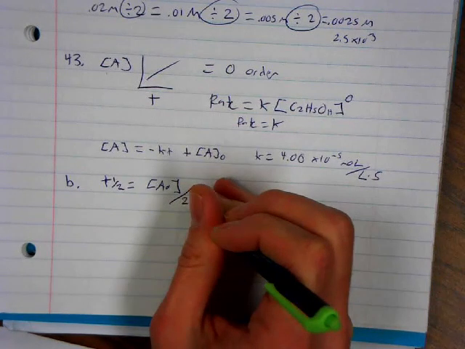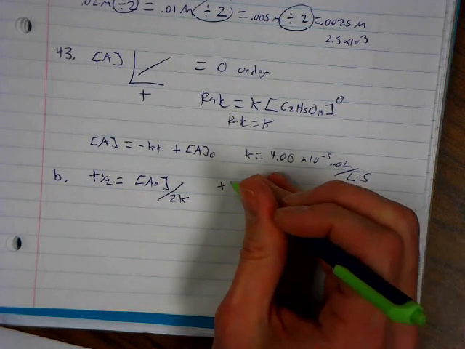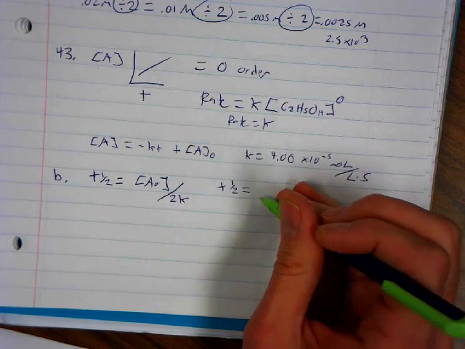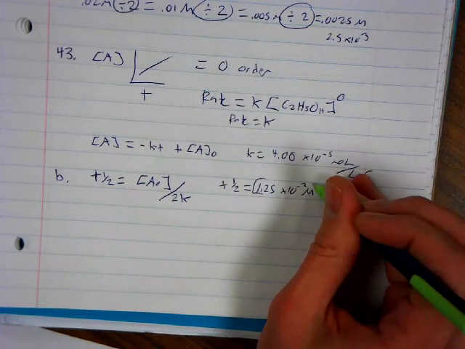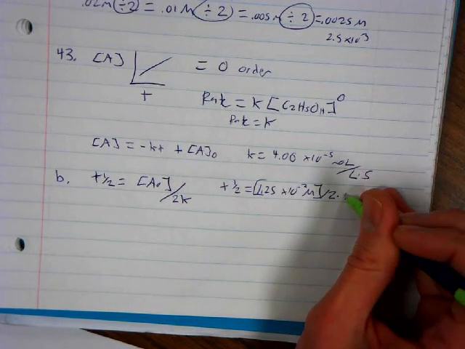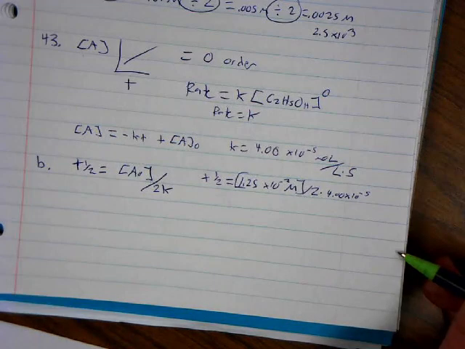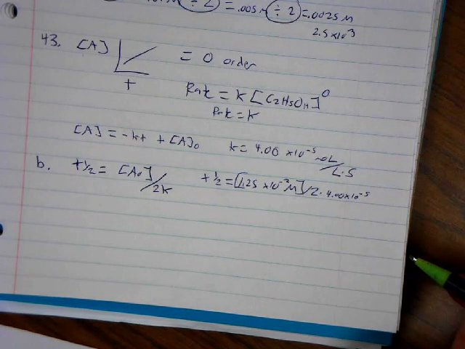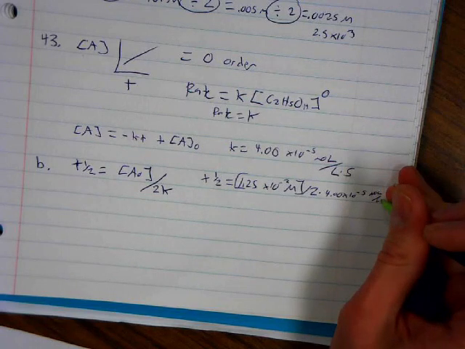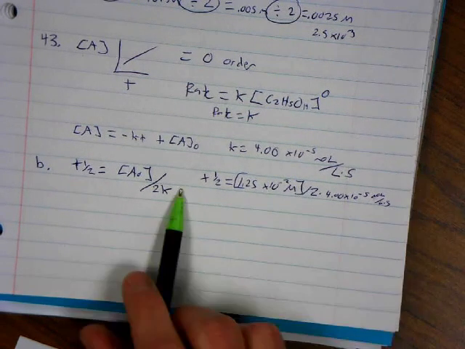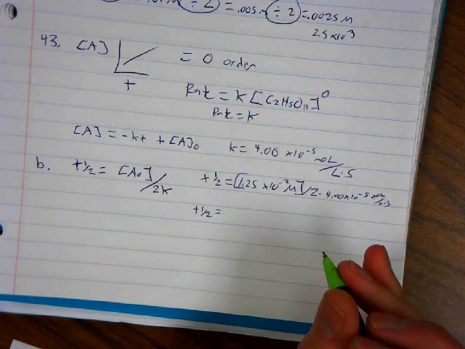From the half sheet, T 1/2 is equal to concentration of A naught over 2 times K. A naught is 1.25 times 10 to the negative second molar, divided by 2 times 4.00 times 10 to the negative fifth mole over liters times seconds.